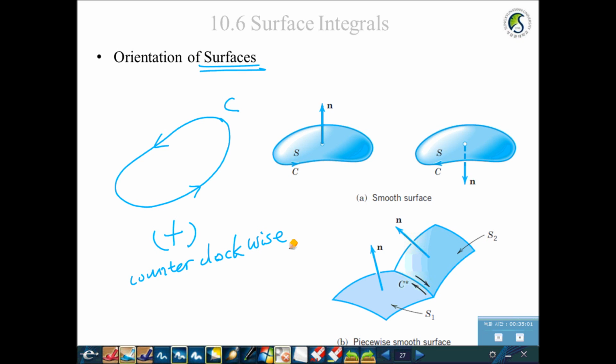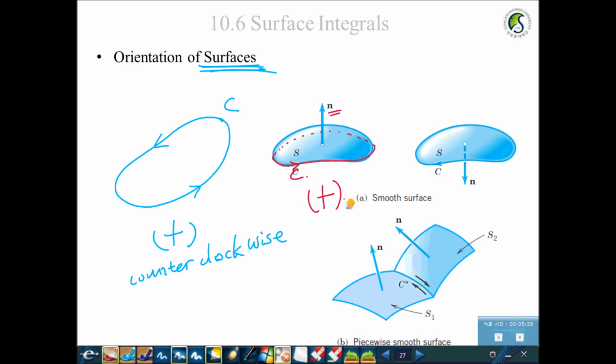So this is counterclockwise, and upward goes to the surface. Let's look at this surface. We have a boundary curve C. In that case, C moves counterclockwise, and the normal vector to the surface is upward. That is a positive surface.